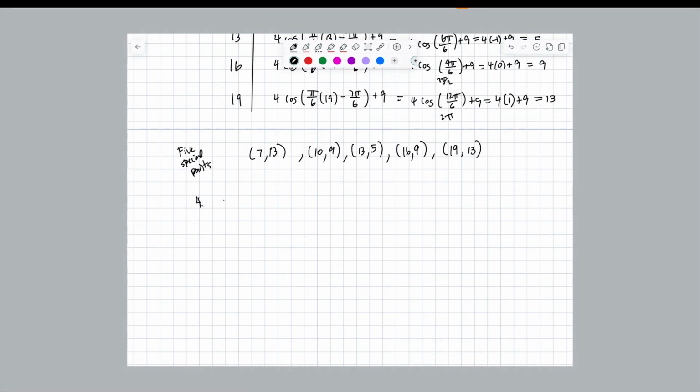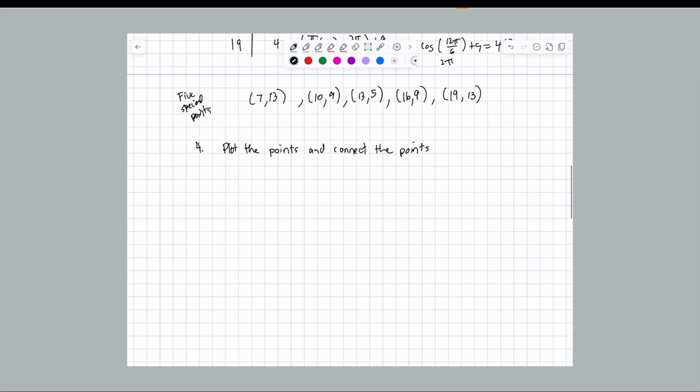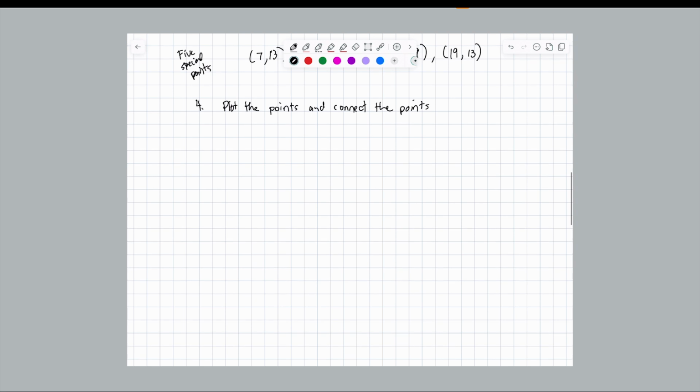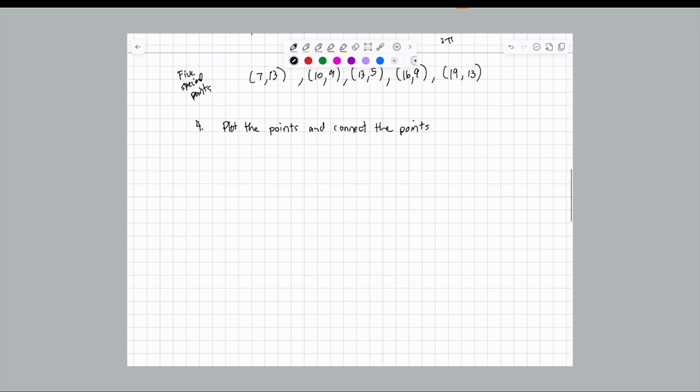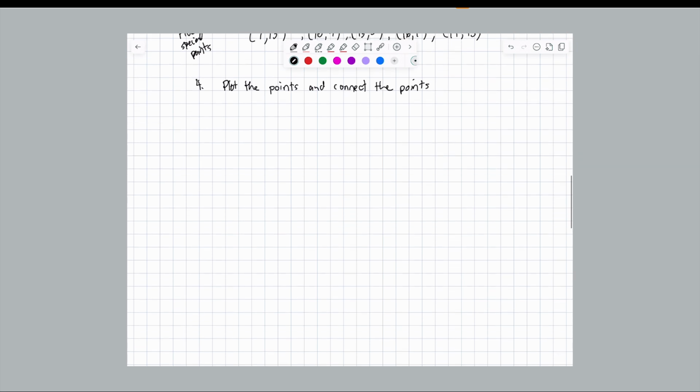All right, so step 4 here is to plot the points and connect the dots with a smooth curve. Okay, since we're going to do one cycle, we'll go ahead and see how much scale I need here.